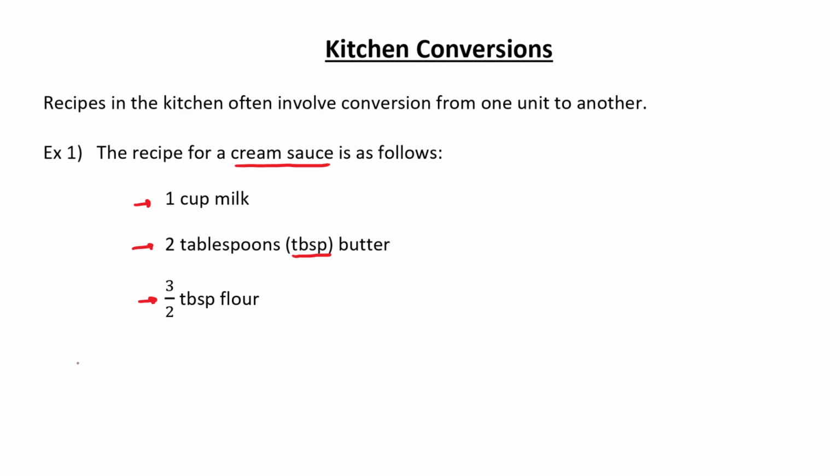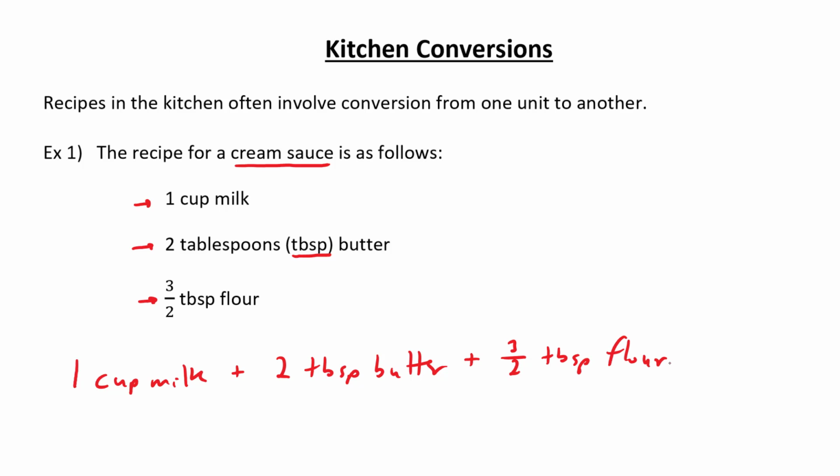I could write that like this: 1 cup of milk plus 2 tablespoons of butter plus 3/2 or 1.5 tablespoons of flour. These are the ingredients we mix together. We'll heat it and we'll get a final product. The final product here will be cream sauce.